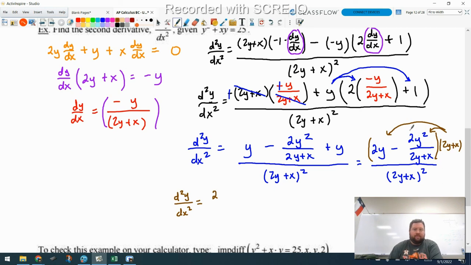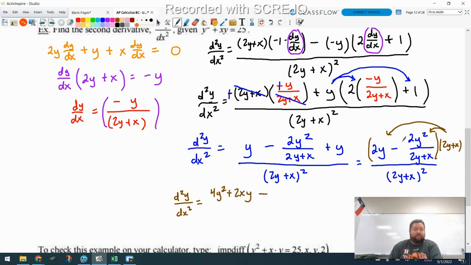I'm doing a lot of distributing here. So when I distribute my 2y plus x to this first term, I'm now going to distribute the 2y inside the 2y plus x. So 2y times 2y is 4y squared. And 2y times x is 2xy.